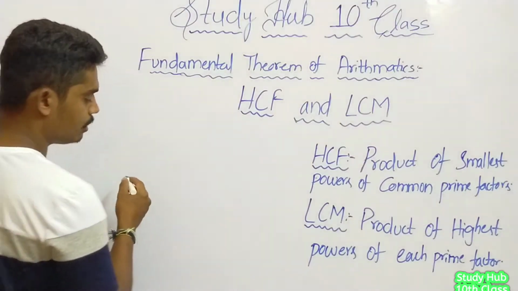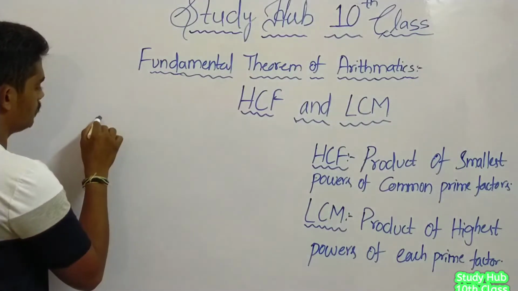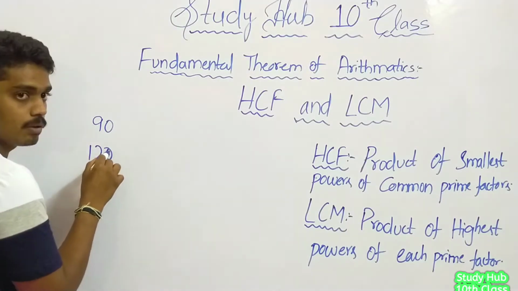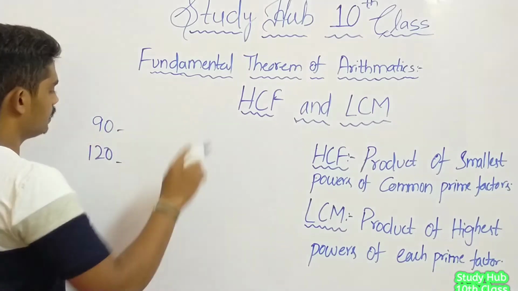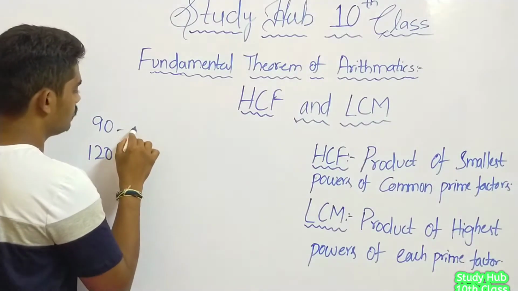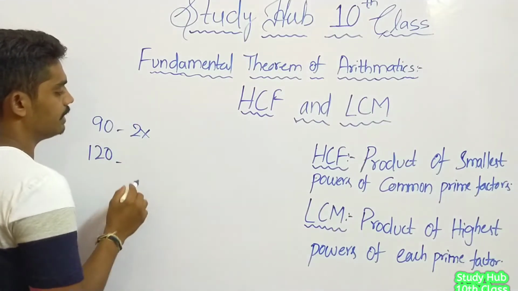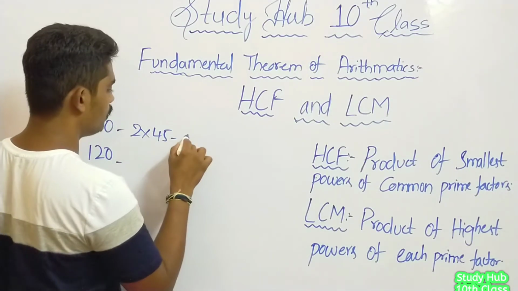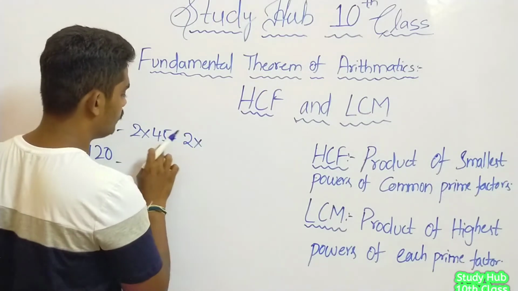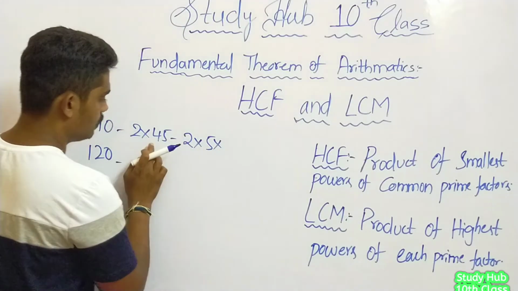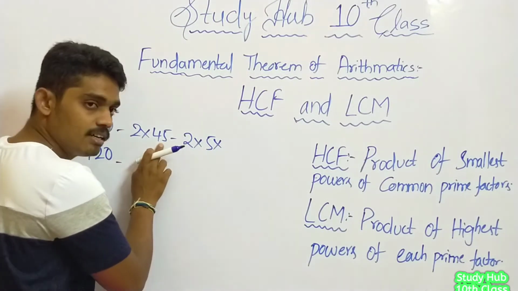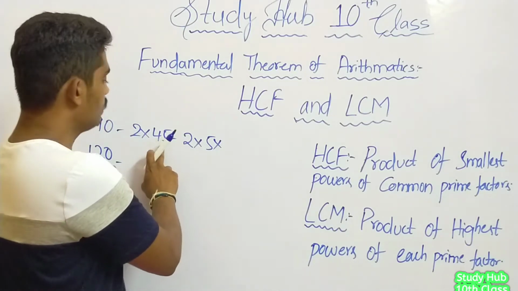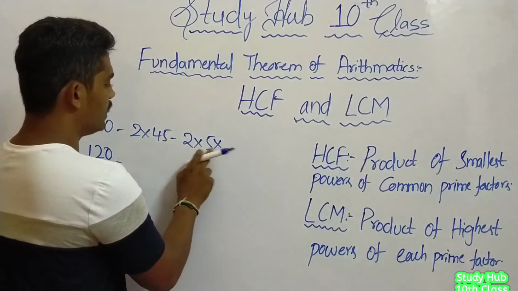Let us take an example of 90 and 120, friends. For 90, I can write 2 into 45. 45 we can write as 5 into 9.